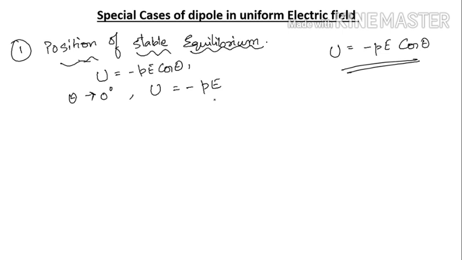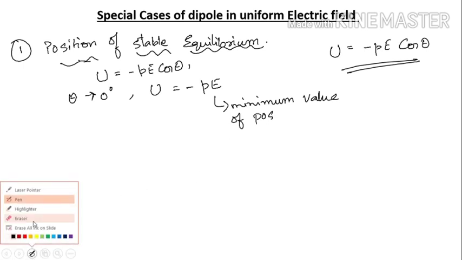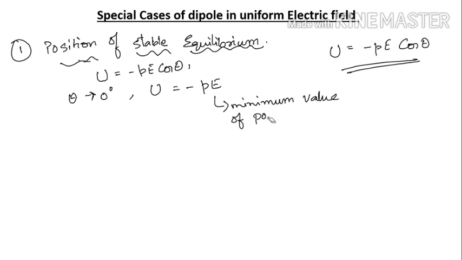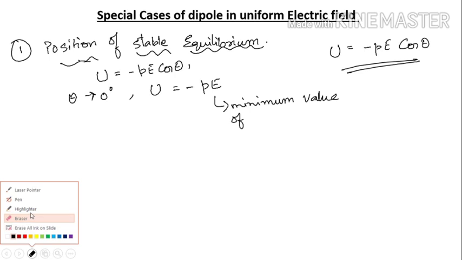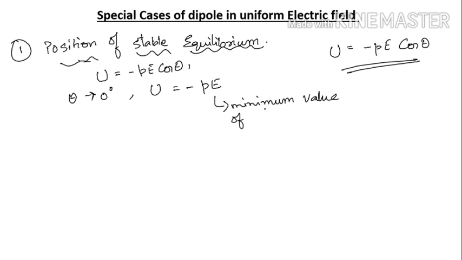Now this minus pE is nothing but the minimum value of potential energy.